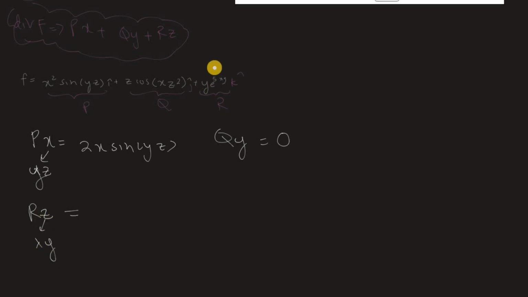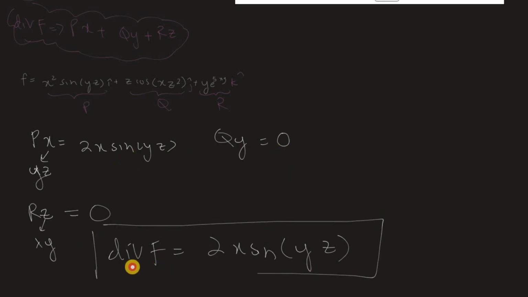So this is 0 as well. So our divergence of F turns out to be P of x, which is 2x sine of yz, and the rest we have as 0 and 0. So this is your final answer to the divergence of F.